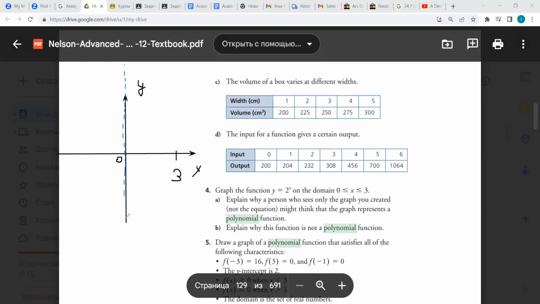One vertical line like this. And I have the function 2 to the power x. So, how would you start sketching this graph? Would you create a table of values, or would you find zeros of this function?